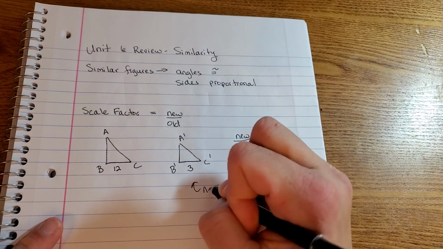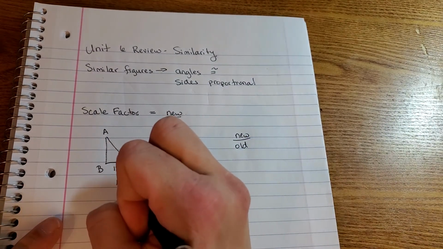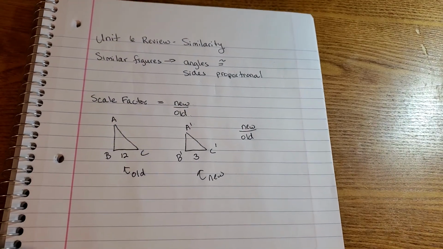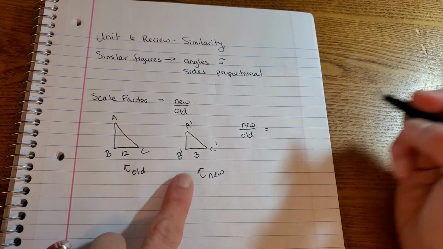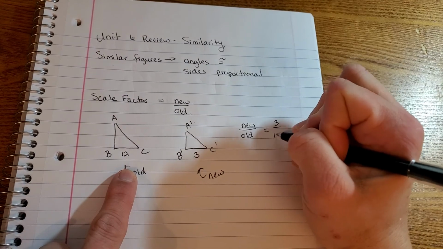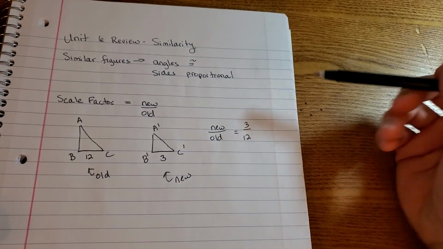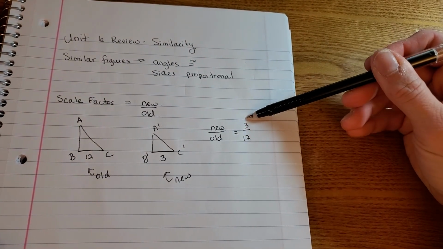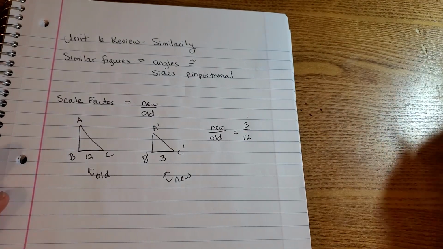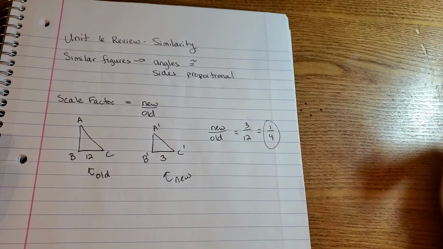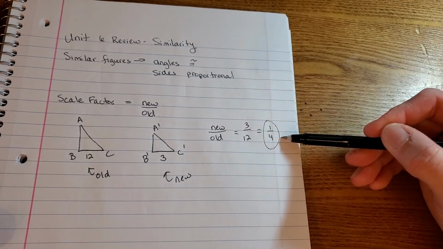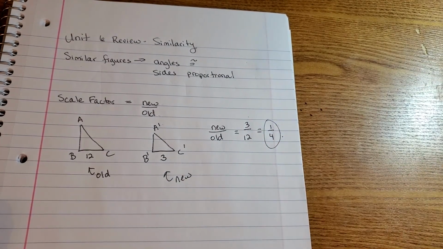So this is my new triangle. This is my old or my original triangle. So we're going to take the 3 over the 12. Now on a test for me, if you wrote 3 over 12, that's totally fine. But on a multiple choice test or the SAT, you would have to reduce that fraction or simplify that fraction to 1/4. So you do want to do that.